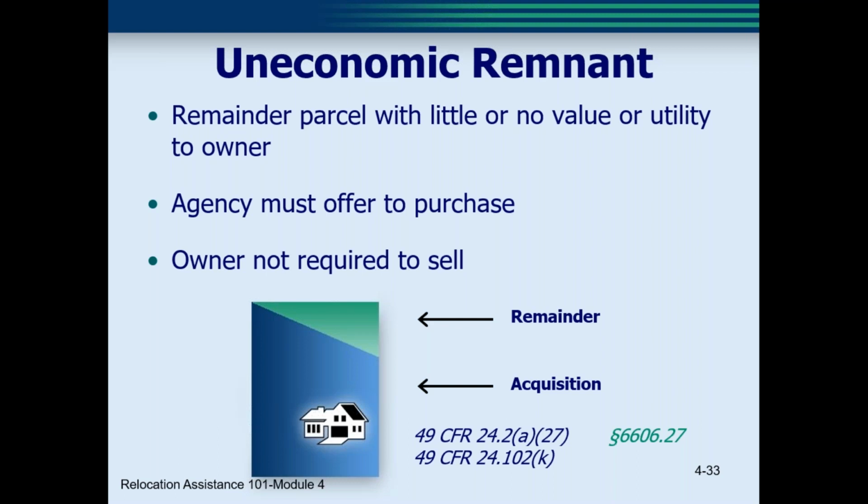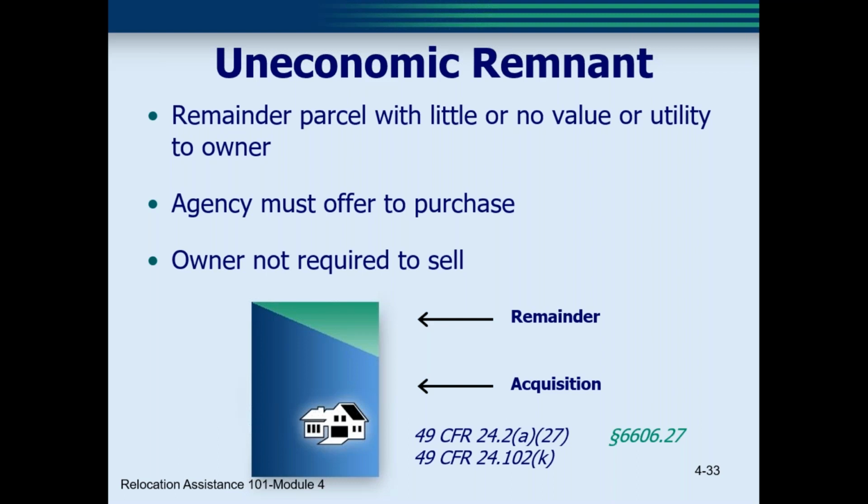In these instances, you as the agent should discuss this with your displacee prior to making your RHP offer computations to understand if they intend to sell the uneconomic remnant or not. And sometimes, at that early stage, they're not going to be able to give you an answer. They want to see the acquisition monies first.